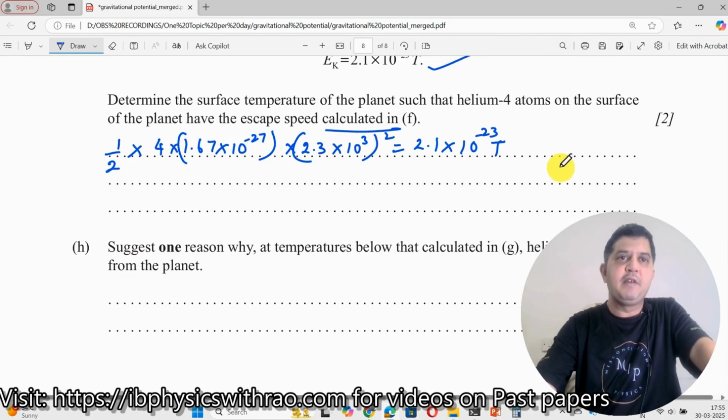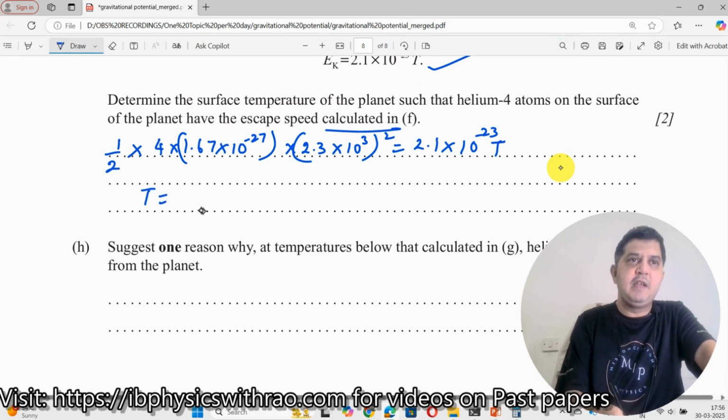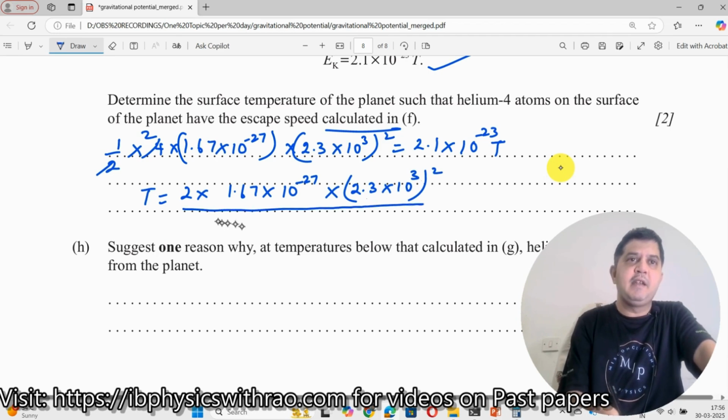Okay, so now what we do is, we need to find the temperature T. The temperature T would be equal to 2 into 1.67 into 10 to the power of minus 27 multiplied by 2.3 into 10 cube the whole square divided by 2.1 into 10 to the power of minus 23.